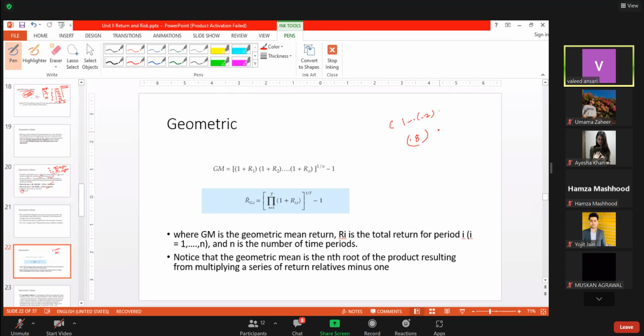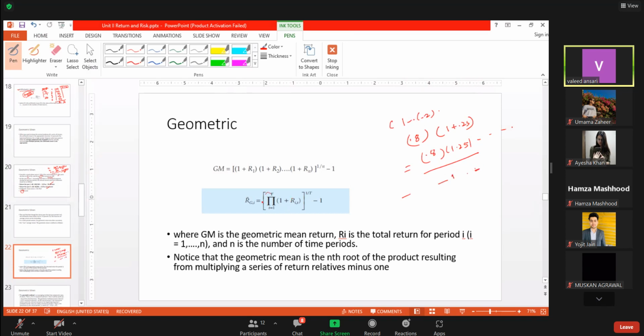Then for the other period, 1 plus 0.25, so it will be 0.8 into 1.25 for 2 periods, and so on and so forth. So we take the product of these, and that gives the total return, and when we subtract 1 from it, it gives the return for that period.